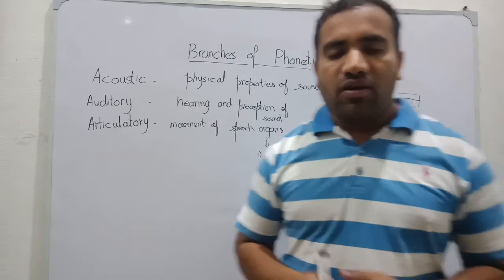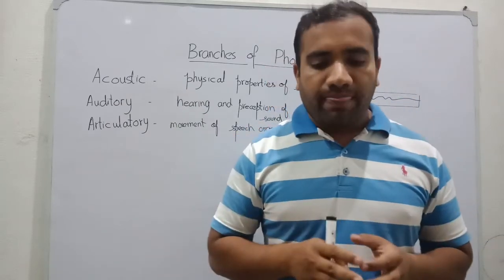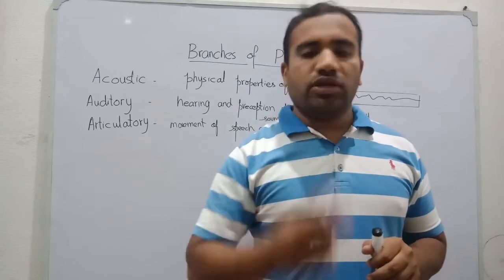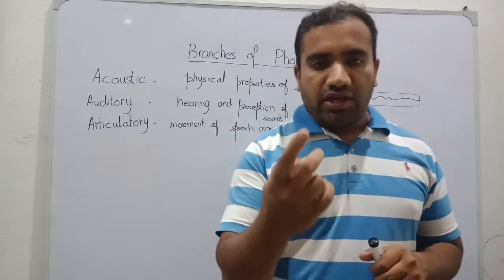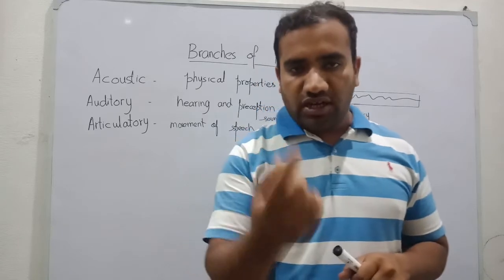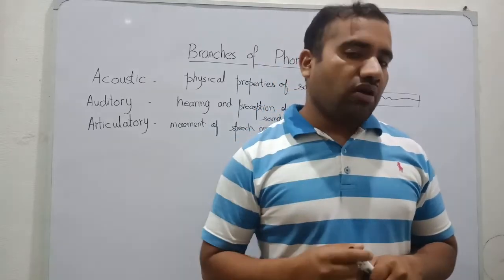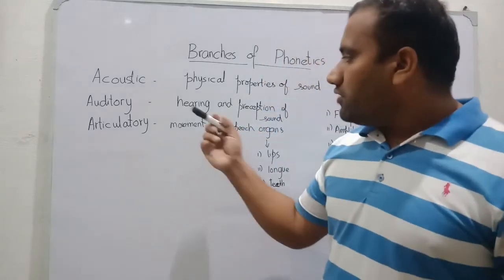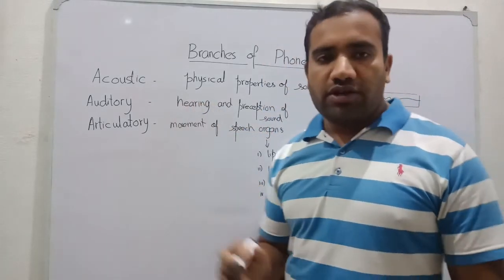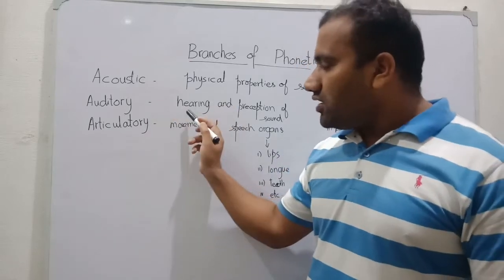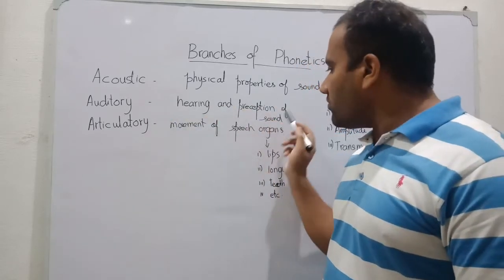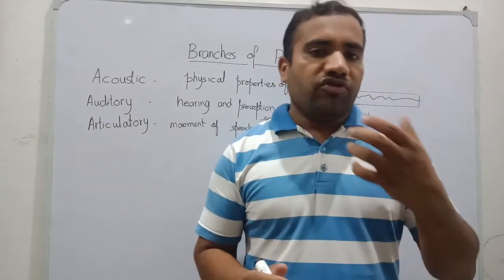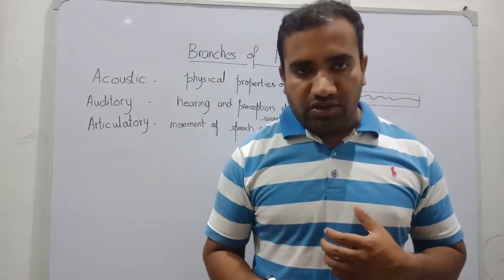Next is auditory phonetics. Auditory phonetics basically deals with two things. One is the hearing of sound. The second is the decoding, the perception, of sound. When we say auditory phonetics, it deals with the hearing and perception of sound. I am speaking and someone is listening to my speech.